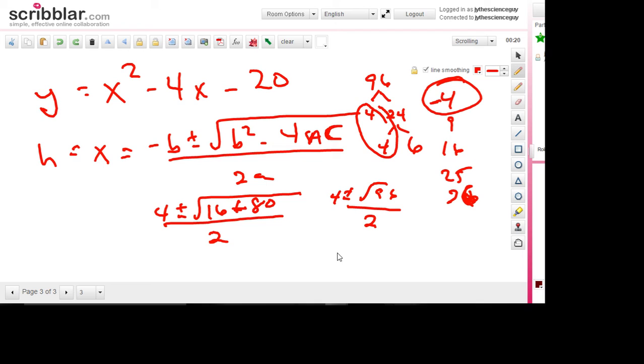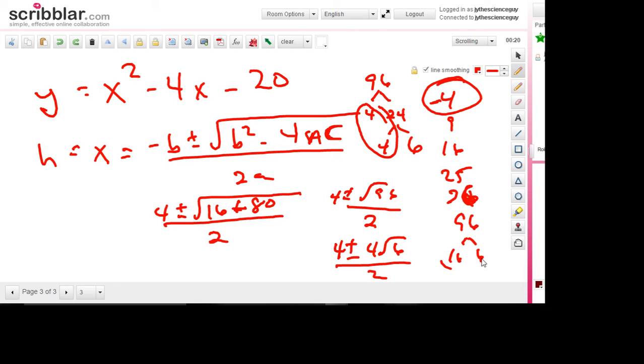So this would be 4 plus or minus 2 square root of 6, all over 2. I could have done it this way: 96 is equal to 16 times 6, and then just take the square root of the 16 and put it on the outside and leave the 6 behind. That's the other way you can do it.